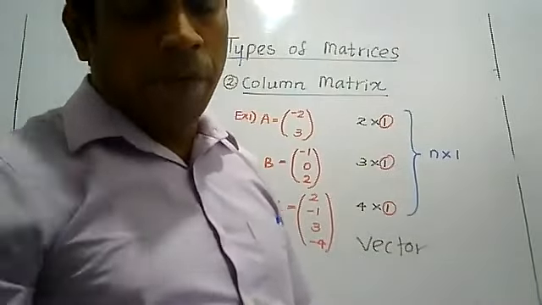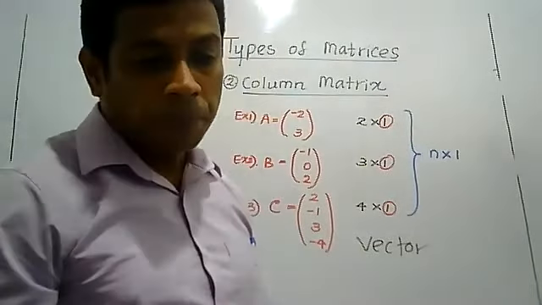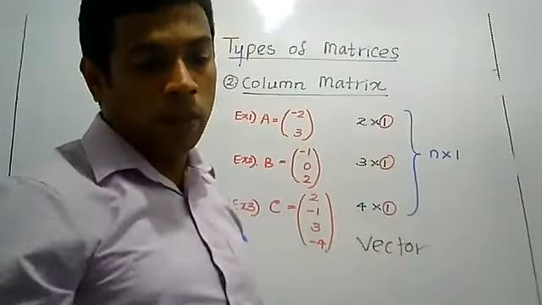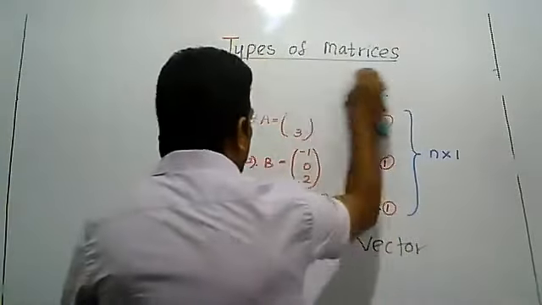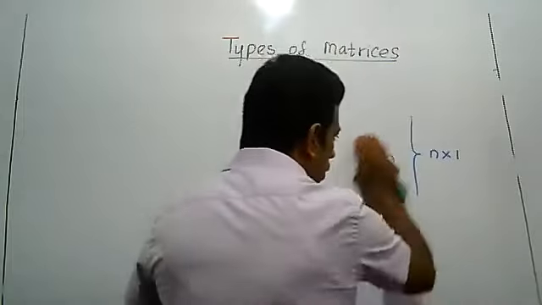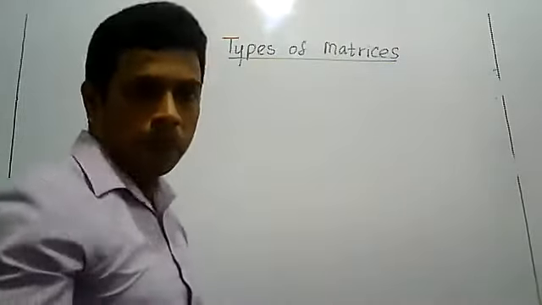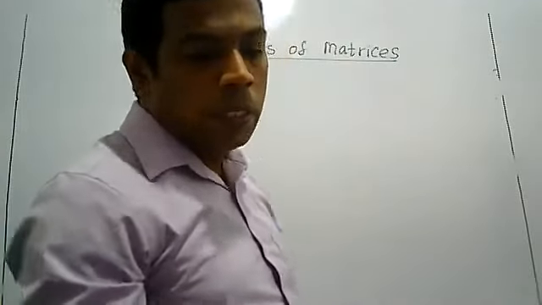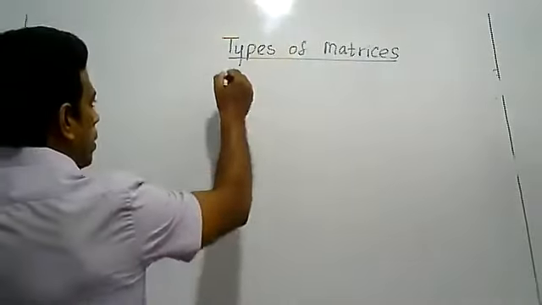Right. Now we will go to the third type. Now I told you what is meant by row matrix, then column matrix. Write down the third type of matrices. That type is called zero or null matrix.